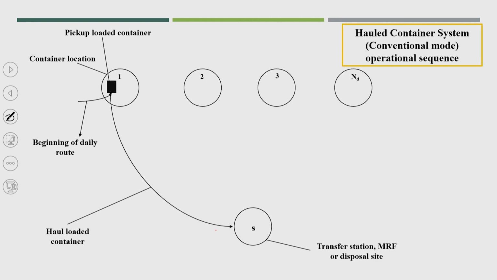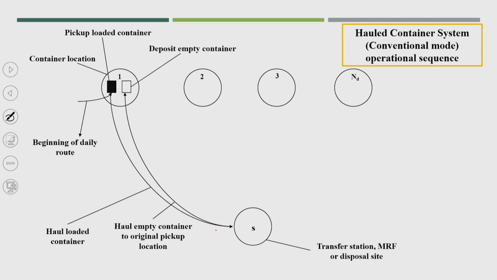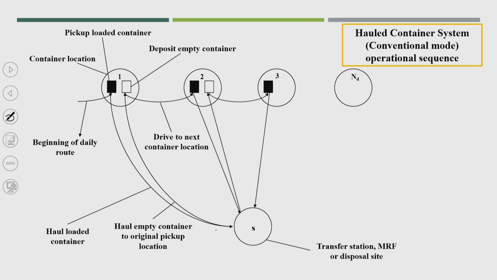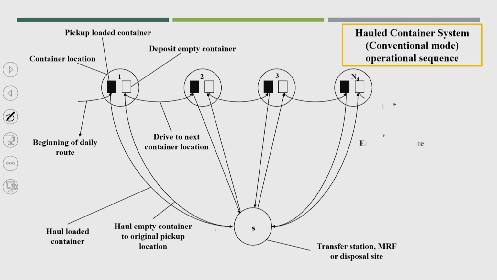It hauls the loaded container, and then goes back to the same location, where it deposits the empty container. Similarly it goes to the next location and follows the same way of operation until the nth location, and finally it ends the daily route once the time is over in a day.